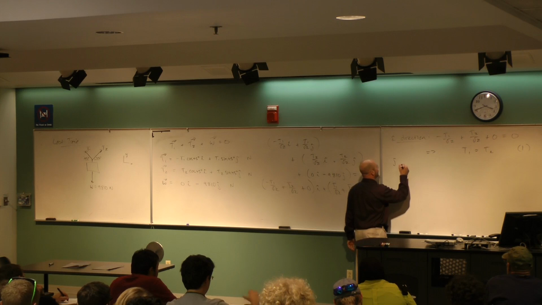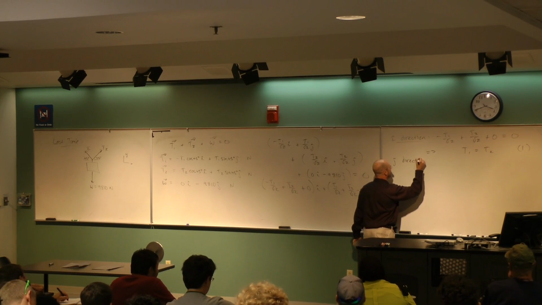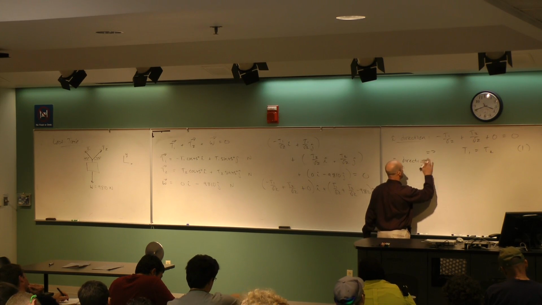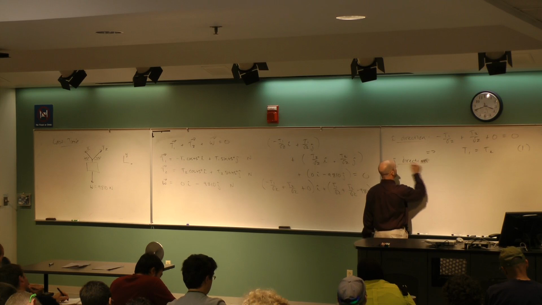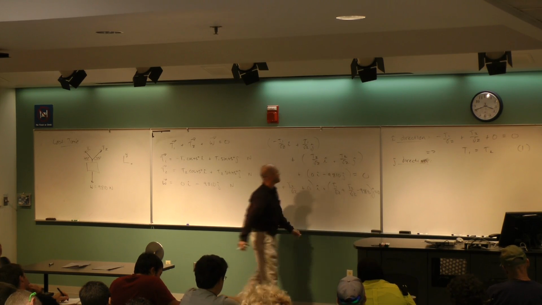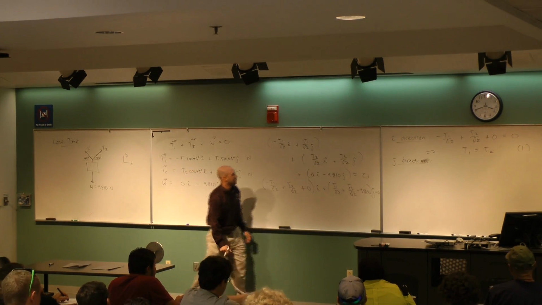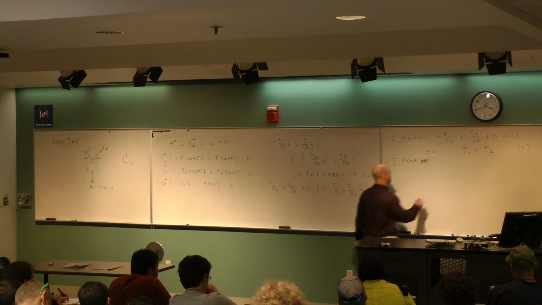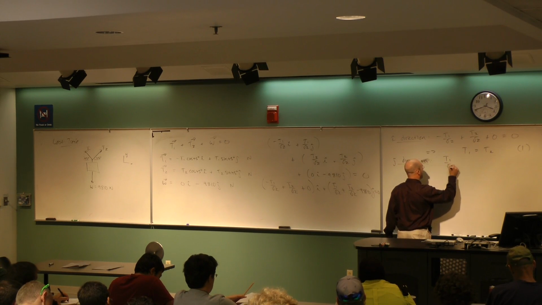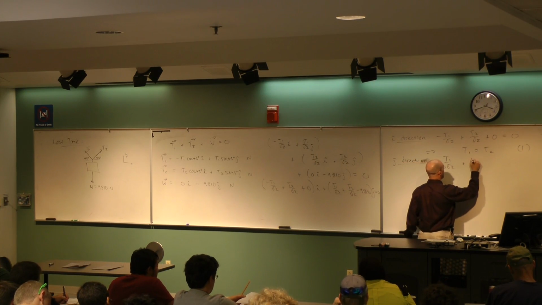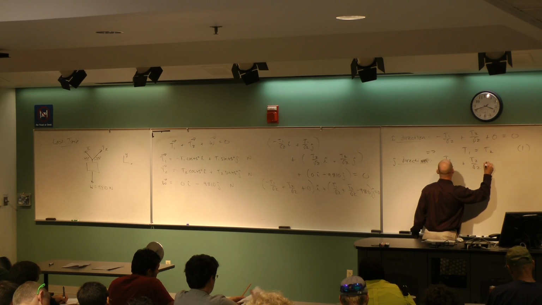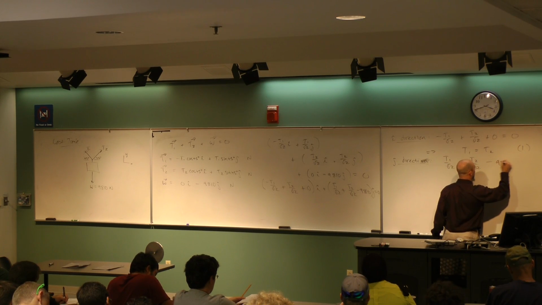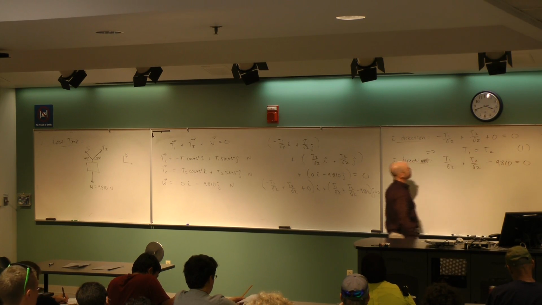Let's look now at the j direction. If I look at the j terms, what does that say? T1 over root 2, plus T2 over root 2, minus 9810 equals 0.